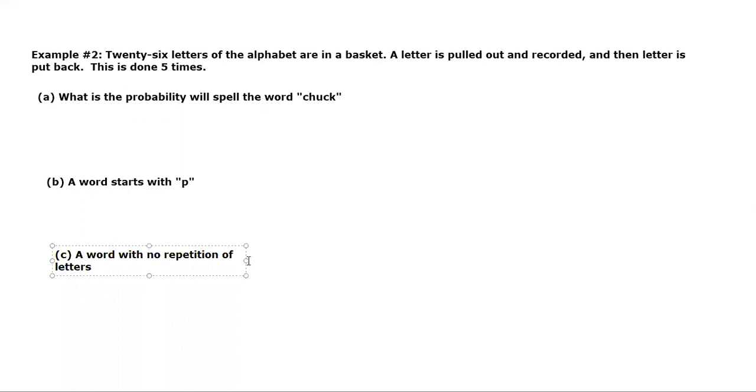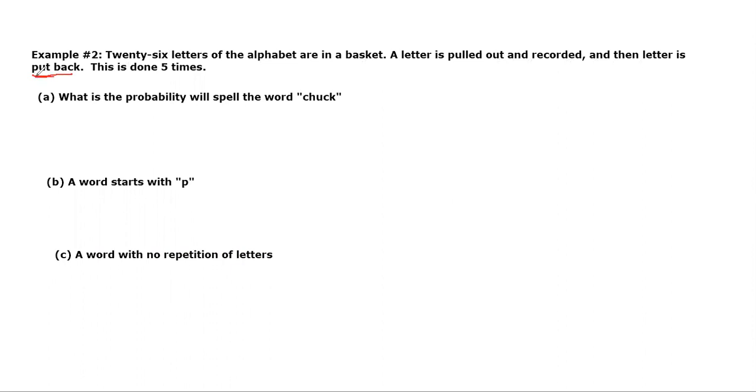Okay, so let's take a look at these 3 examples. Like this one, we have the 26 letters of the alphabet, and now I'm going to take 5, doing it 5 times. A letter is pulled and recorded, then the letter is put back, right?